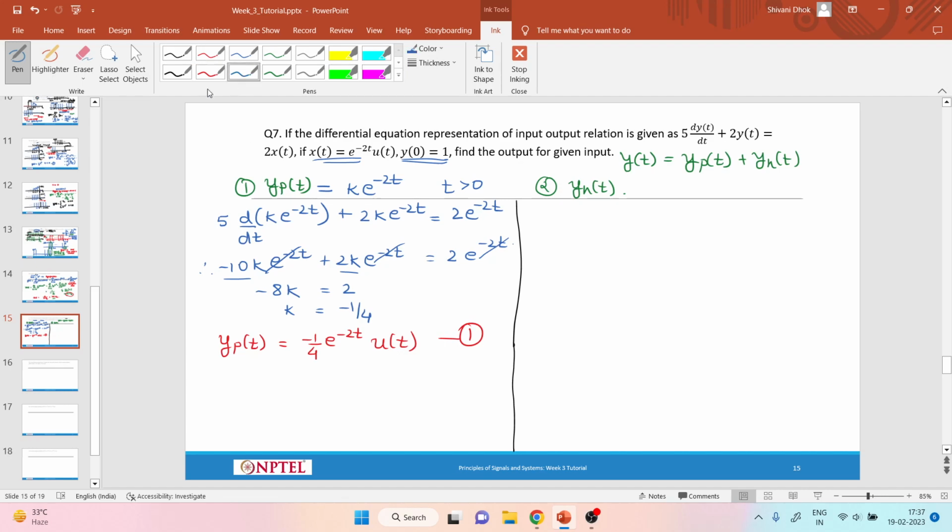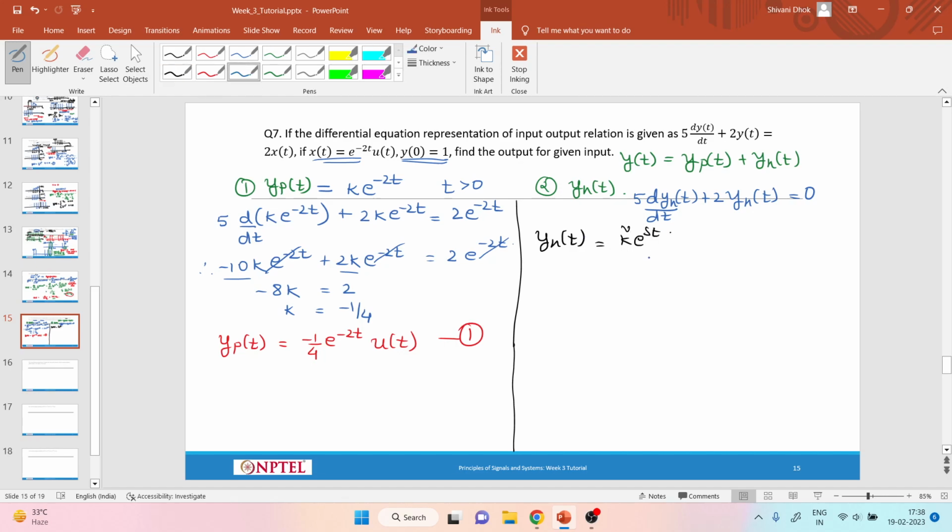Now for the homogeneous solution, the differential equation whose solution we need to find is this. For this we will assume yh of t to be some scaled exponential. So let's say my yh of t is k tilde e^(st).